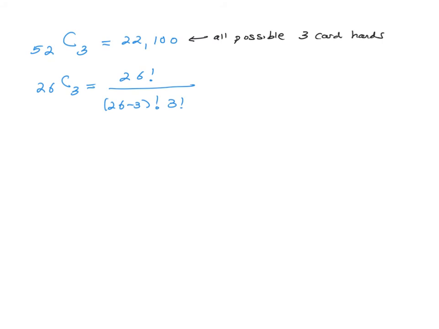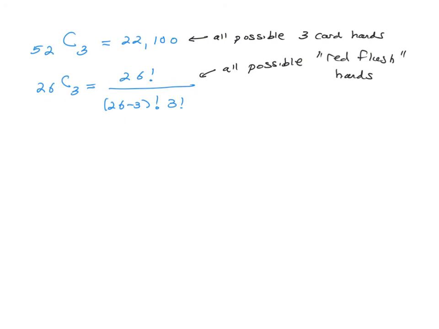From our previous slide, this was the total number of possible 3-card hands chosen from the entire deck. The thing we're going to compute here is all possible red flush hands, meaning you're only dealt the red cards, of which there are 26 and you want 3.